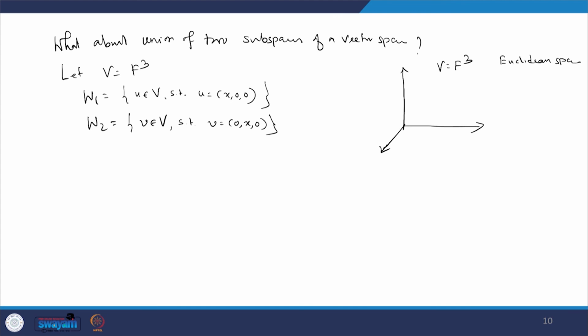This means W1 is my x axis, this is my y axis, and this is the z axis. So W1 is the x axis and W2 is the y axis. Now, let W equal W1 union W2. Will it be a subspace?